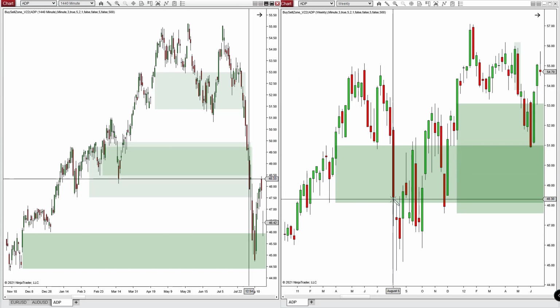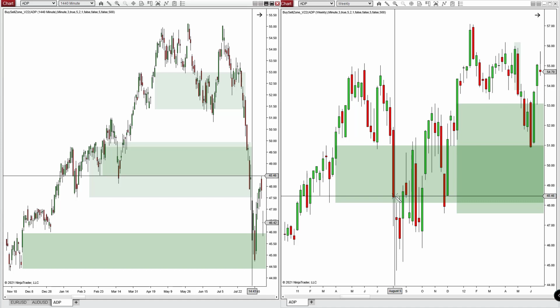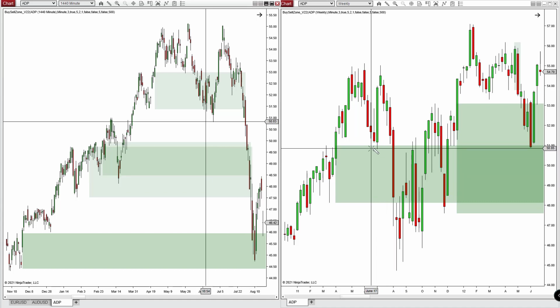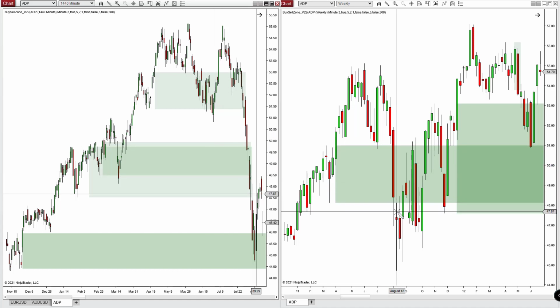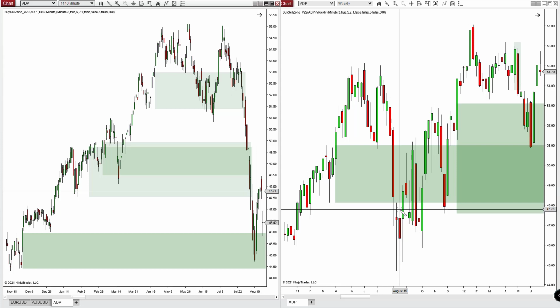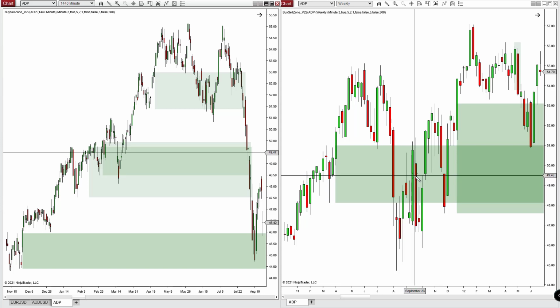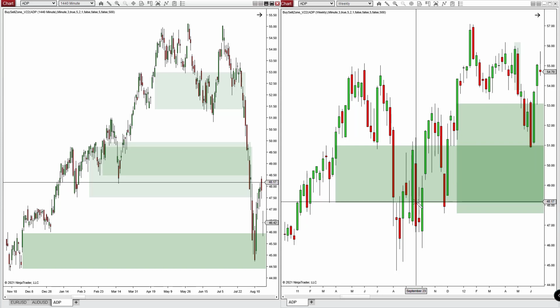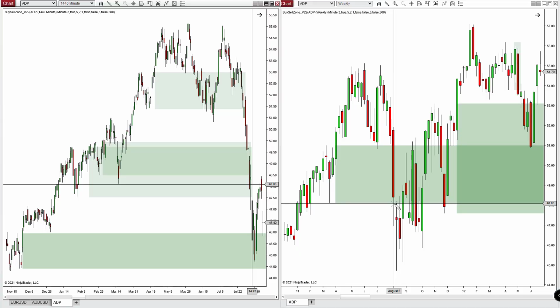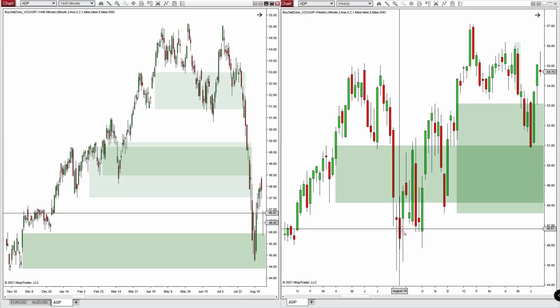So would that count? I personally don't use it. What I like to use, for me, I want to wait for price to come in here, and then I want to wait for the daily to reestablish itself, and then print a new zone that is inside of your high time frame zone. Okay, so now let's see what the daily ends up looking like.